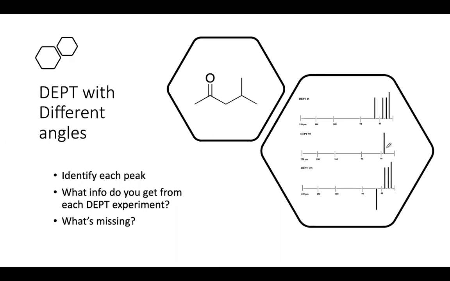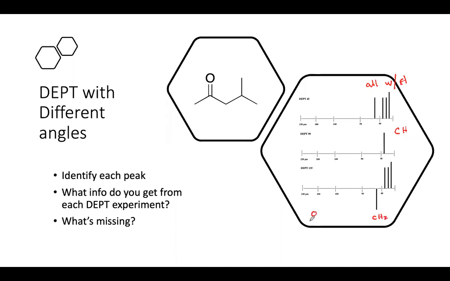For DEPT 90, we see only the CH, sorry. So these are the CH. This is all of the carbons with hydrogens, all with the hydrogen. And the DEPT 135 shows you the CH2s pointing down.